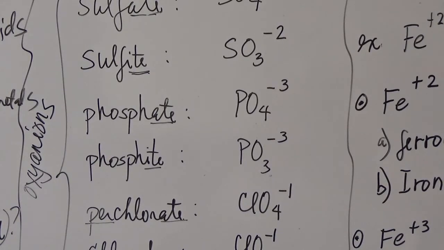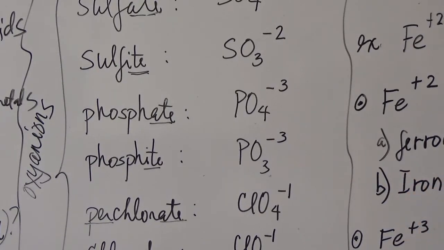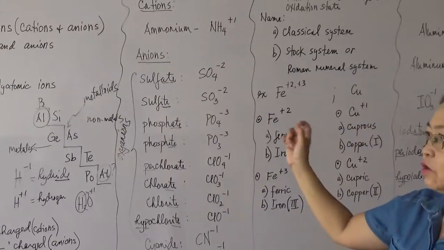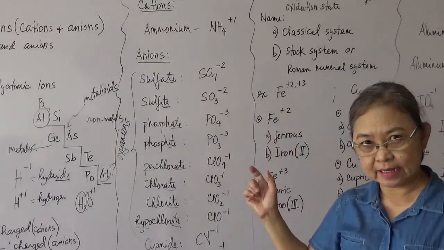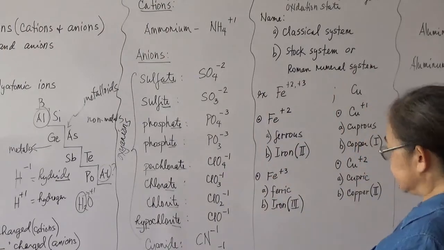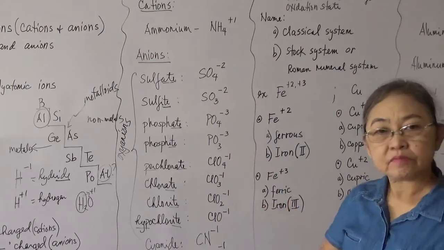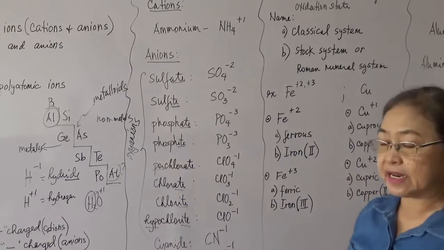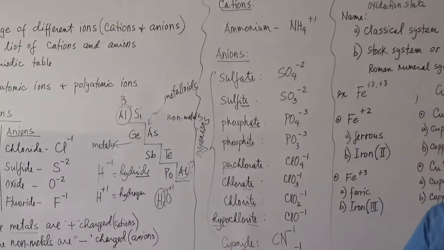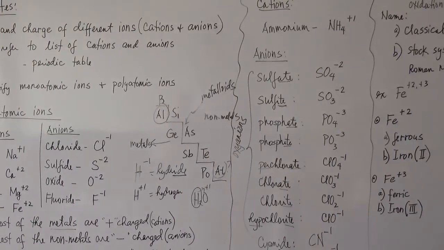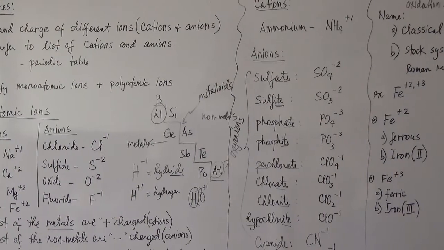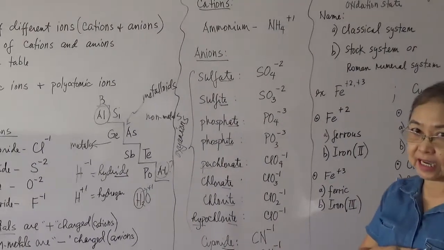Take note, if it is hypo, the suffix should be ite. If it is per, that's higher, the suffix should be ate. Okay, so this is the video for the prerequisite for the naming and writing of inorganic compounds. The next video will be naming of binary compounds and the rest of the different classifications of inorganic compounds.